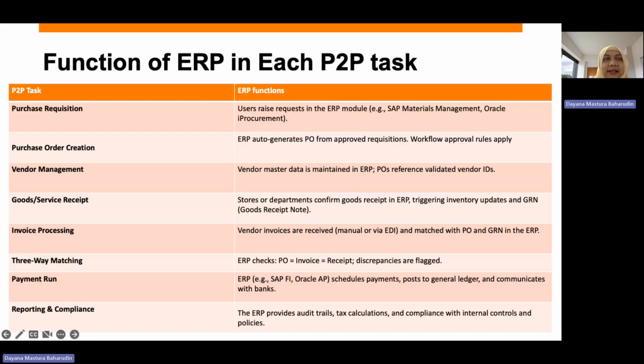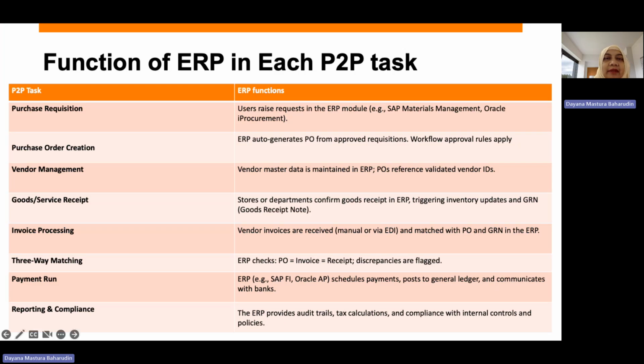Let's have a look at the next slide. Functions of ERP in each of the P2P tasks. For those who are not familiar with P2P, we want to share the description of each of the P2P tasks, and what the ERP functions are that actually help the task.